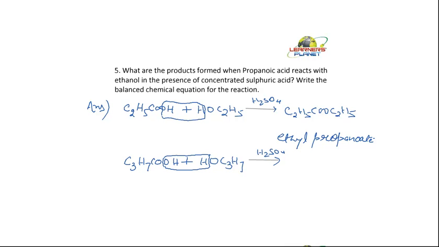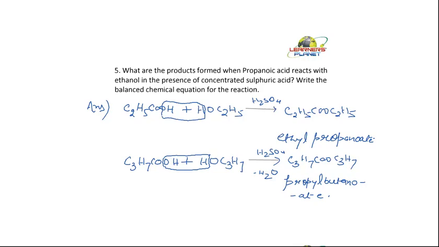So this would be the product formed, that is minus H2O, and the product formed would be C3H7COOC3H7, that is propyl butanoate. Right? So the reaction goes on like this.